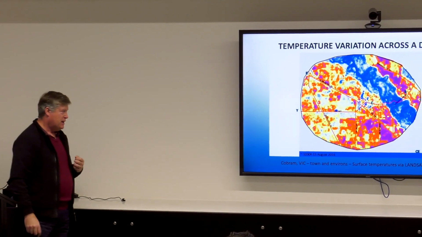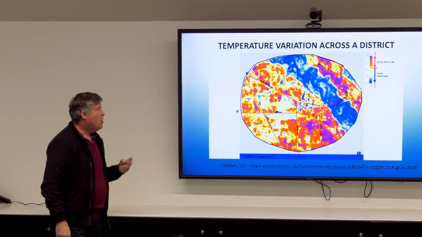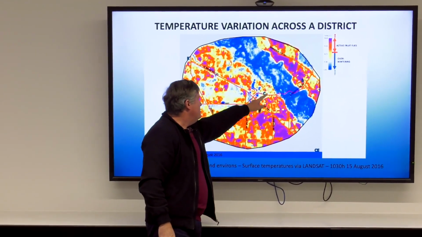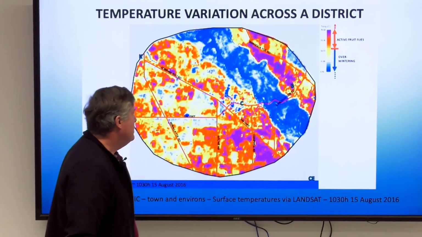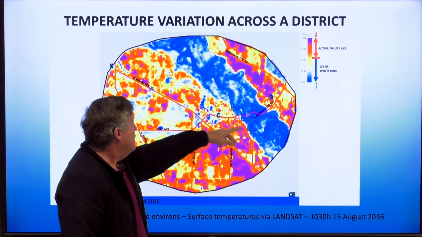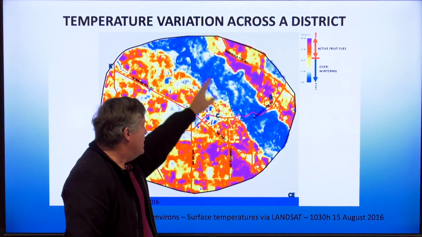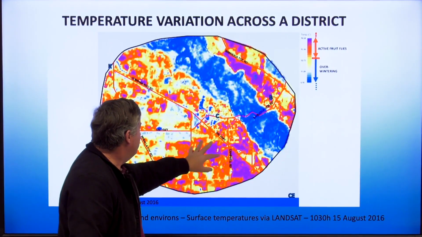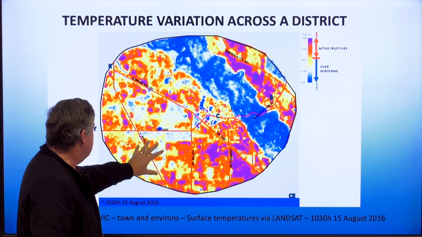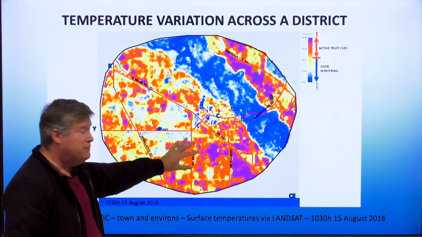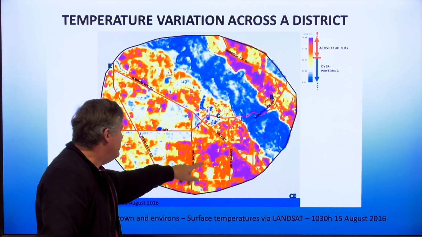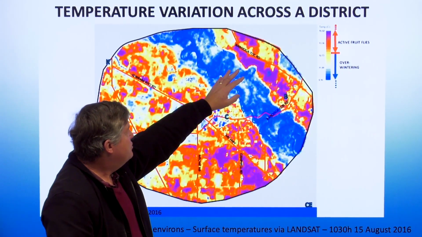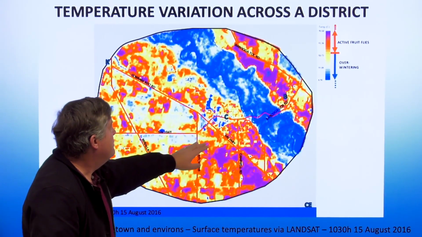Even across the landscape, there's a high degree of variation in the temperature. This is the town of Cobram, just here in Victoria. There's the Murray River. It's around about 6 degrees or thereabouts at 10:30 in the morning, mid-August. But you'll find even across the landscape where there's a lot of orchards and farms and so forth, there are patches that are very warm. These purple and red patches are between 12 and 16 degrees.